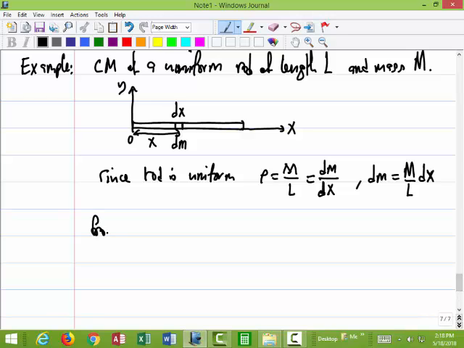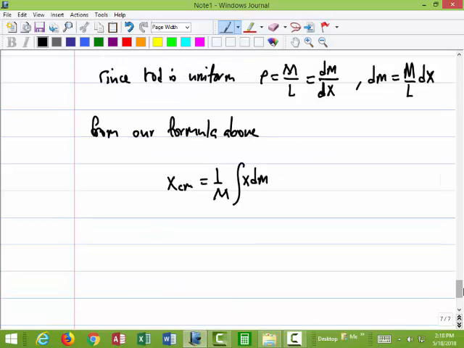So from our formula above, we know that x center of mass is equal to 1 over M, the integral of x dm. So we can say this is equal to 1 over M, and then we are integrating over the entire length of the rod, so let's go from 0 to L, of x, and then we replace dm by M over L dx.